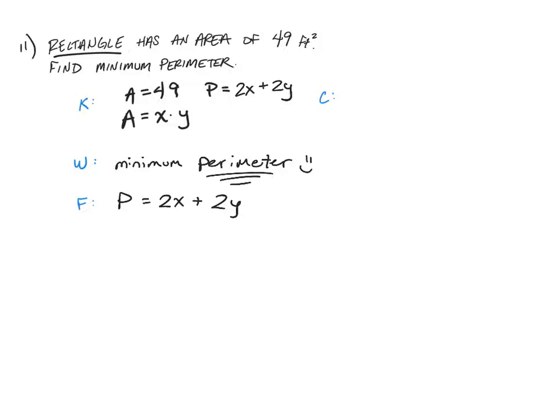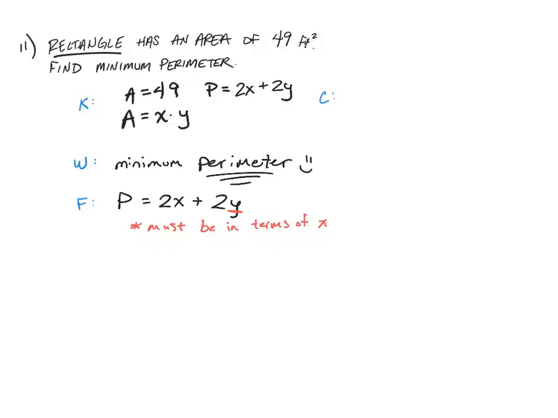Now, there's a problem here. What is the issue, dear? Well, we have two different variables on our perimeter side. And when I go to differentiate this, because I'm assuming that's what I'm about to do, remember, differentiation means the verb of taking a derivative. So I want to get this y in terms of x.